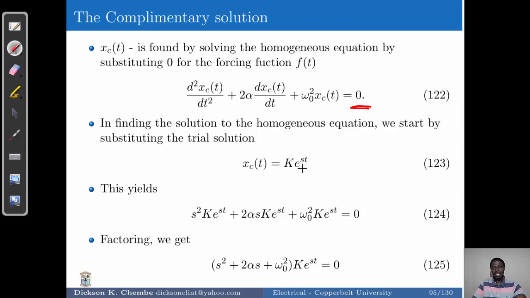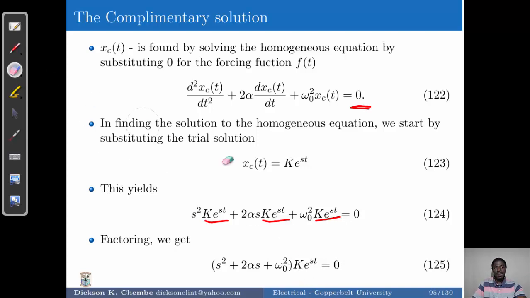If we replace this into all the variables of xc(t), we obtain s squared k e^(st) plus 2 alpha s k e^(st) plus omega naught squared k e^(st) equal to 0. And when we factor out what is common, which is in this case k e^(st), we obtain (s squared plus 2 alpha s plus omega naught squared) k e^(st), which gives us 0.